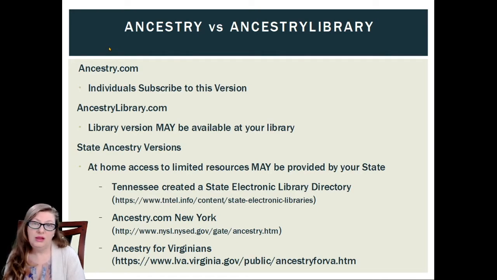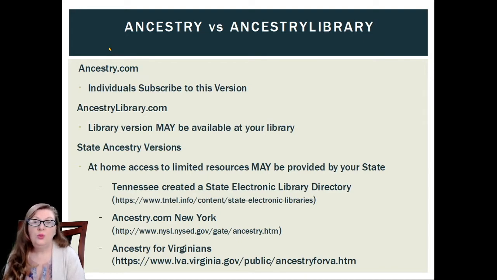Now, not every public library offers this. You need to check with your individual libraries to see if they do offer that subscription. Also, some states offer a smaller subset of data from Ancestry, and the Tennessee State Library has created a directory of all the other states' home pages for where they house their electronic databases.